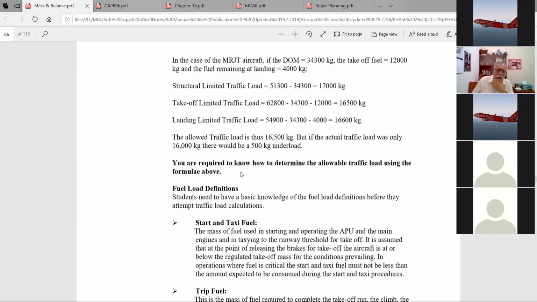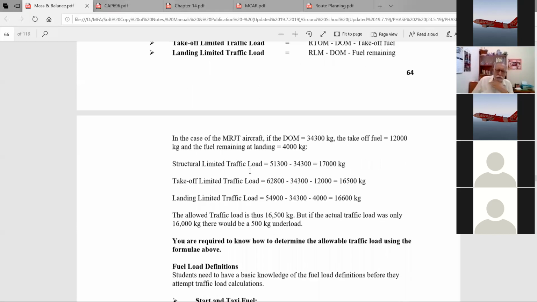Now, I'll give you a little problem. Take down. In case of MRJT, DOM is 40,000. Takeoff fuel is 18,000.